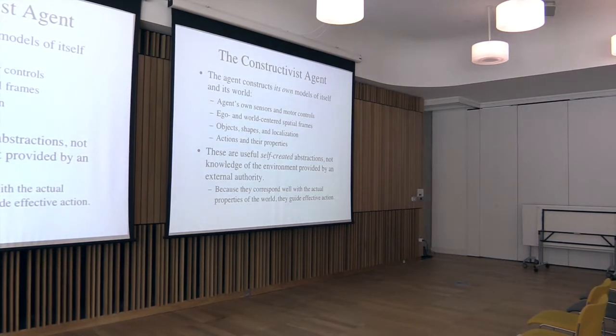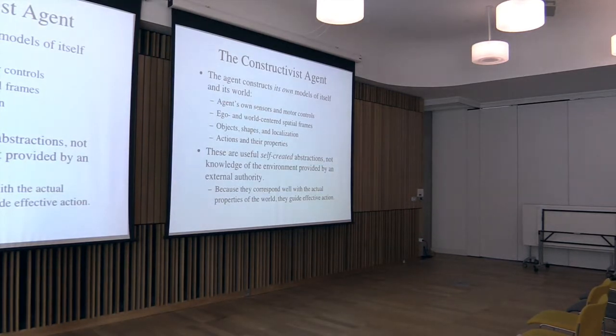So that's something that it could carry. Suppose it leaves this room and it goes to another room down the hall. It would certainly carry that knowledge along with it. It learns about egocentric and world-centered spatial frames. Now, that would also carry along with it when it went to the new environment.